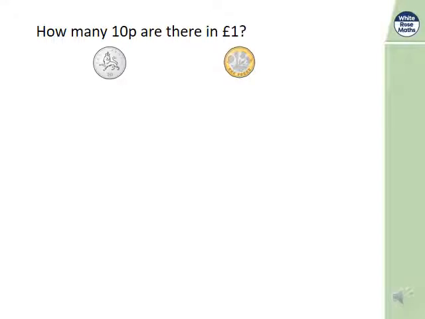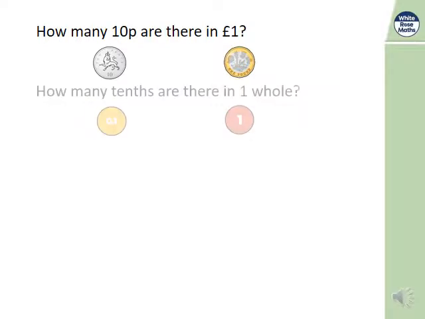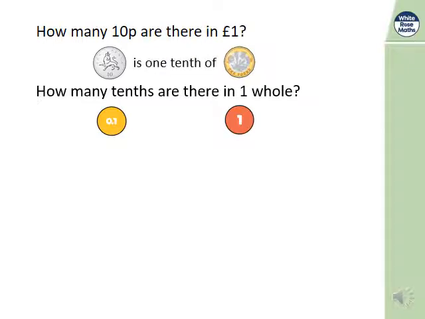Just to help us understand a bit more about our pence and pounds, if we think about money as decimals, how many 10p's are there in £1? And if we think about when we've been learning about decimals, how many tenths are there in one whole? Money and decimals relate in the same way. So 10p is the same as 1/10, so 10p is equal to £0.10.